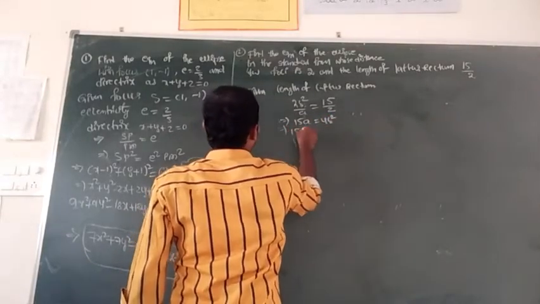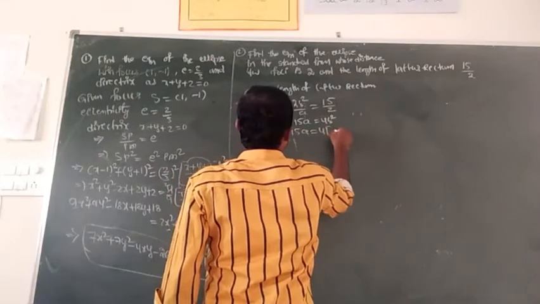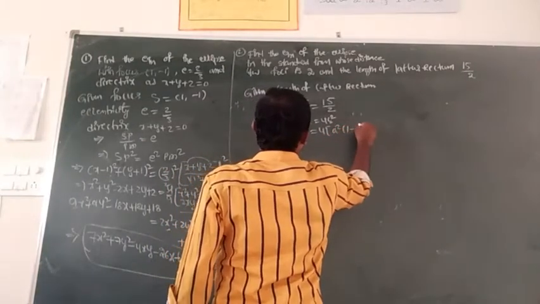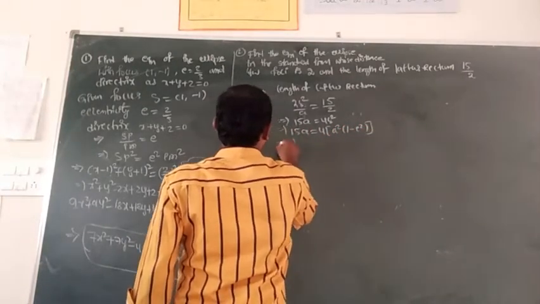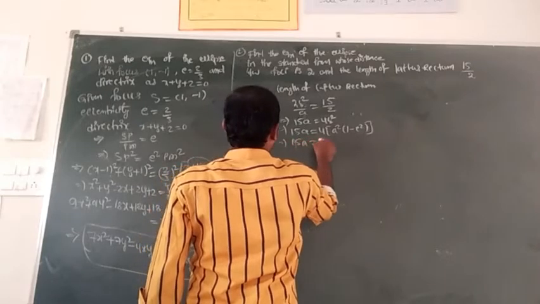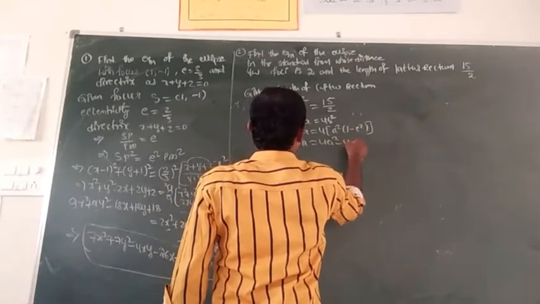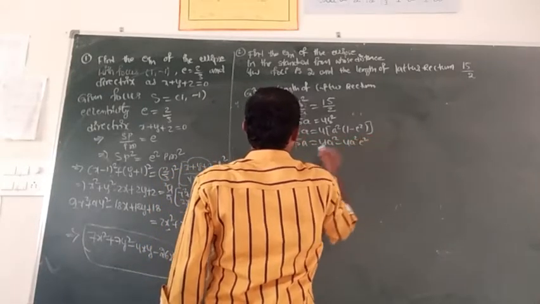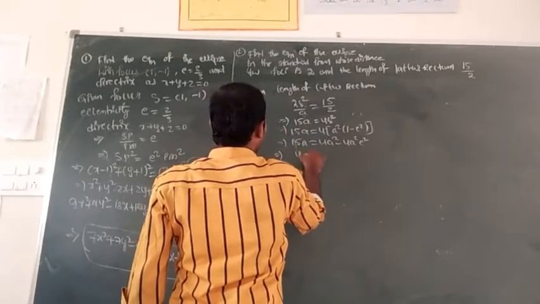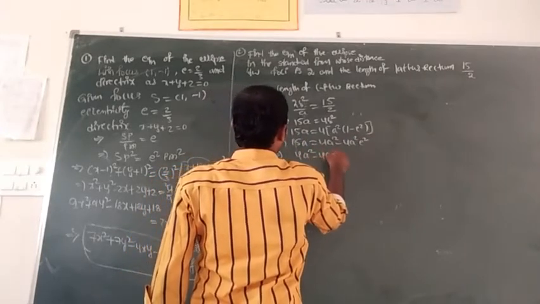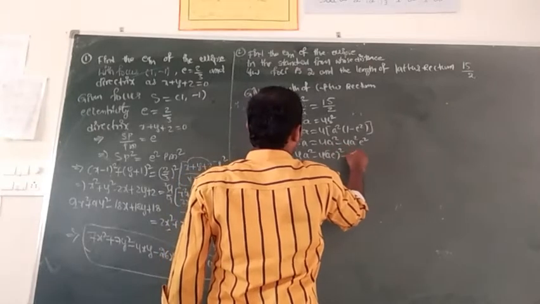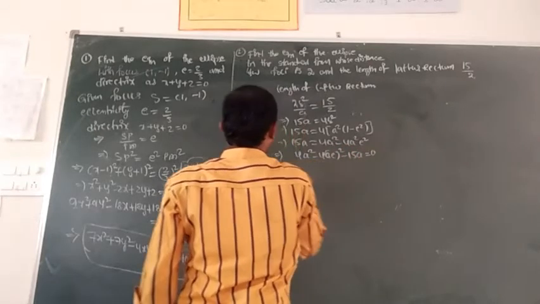Now 15a equal to 4 into b square, and b square is a square into 1 minus e square. So 15a equal to 4a square minus 4a square e square.